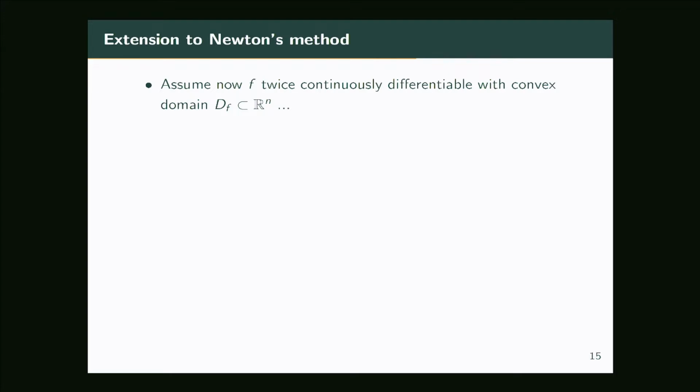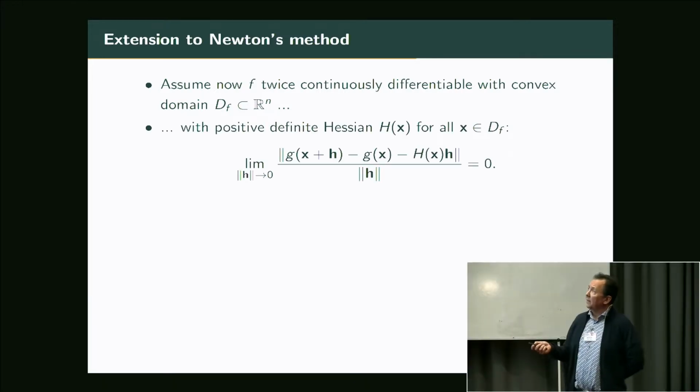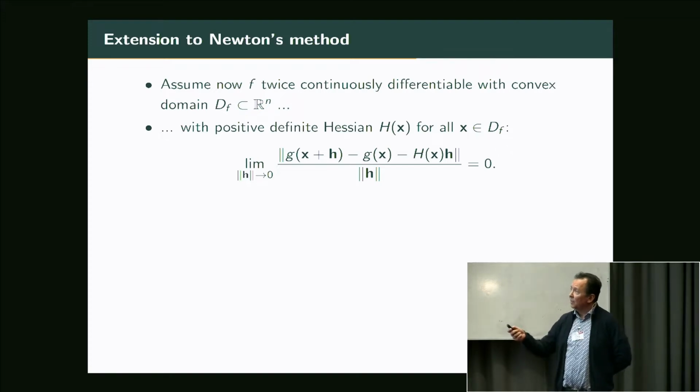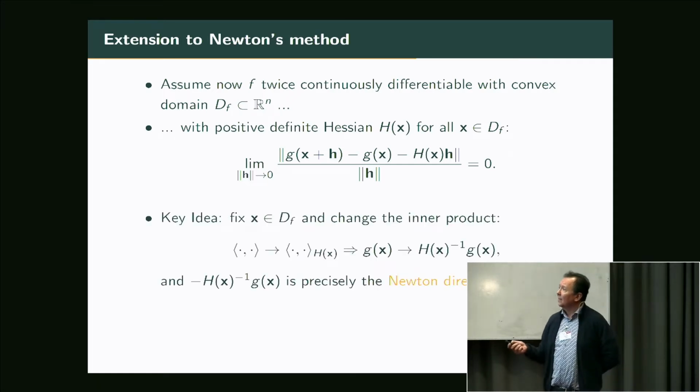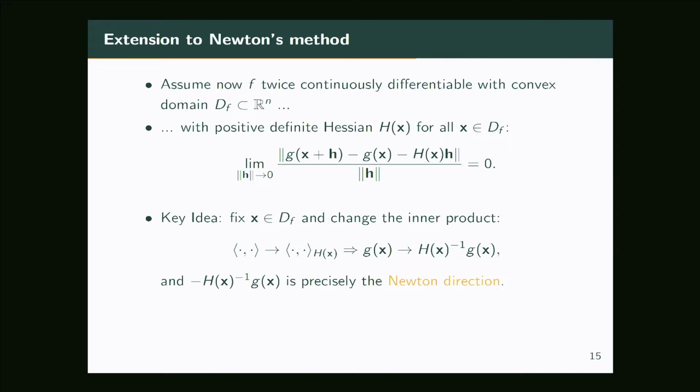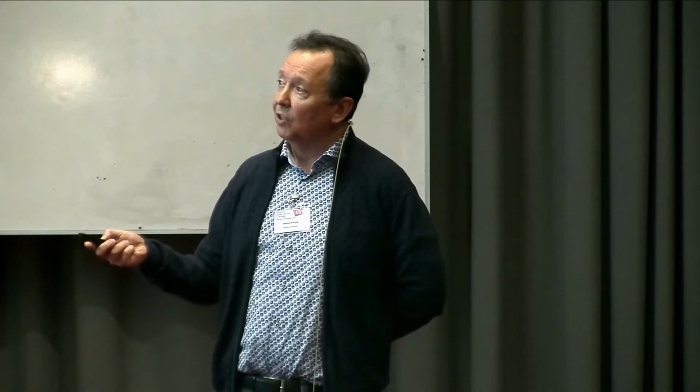So if a function is twice continuously differentiable, then it has a Hessian. This Hessian is self-adjoint, and it satisfies again this equation for the Fréchet derivative. And then basically the idea is that we can now fix one point in the domain of a function, and we define as a positive definite operator the Hessian at that fixed point. And what happens then is that the gradient changes to this operator, which was B inverse before, but our special choice of B is this Hessian at the fixed point.